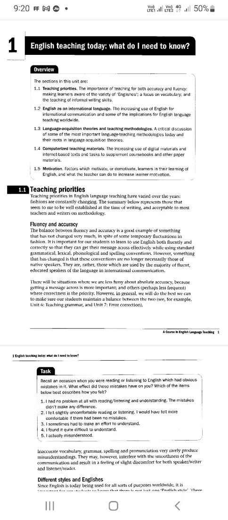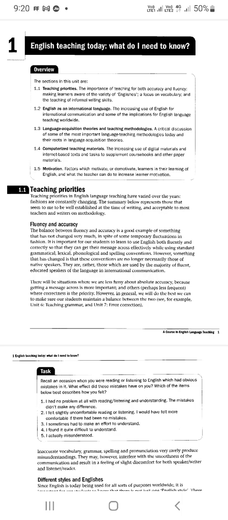However, something that has changed is that these conventions are no longer necessarily those of native speakers. They are rather those which are used by the majority of fluent educated speakers of the language in international communication.